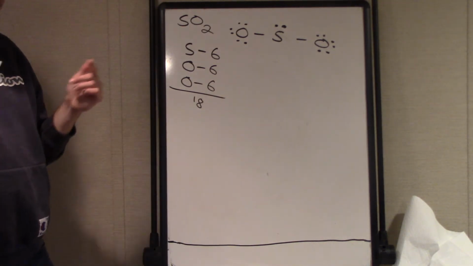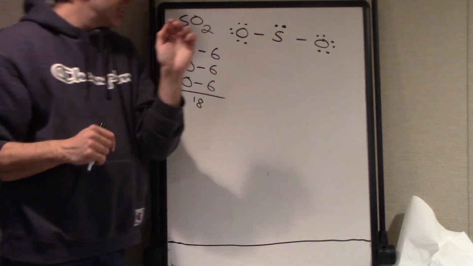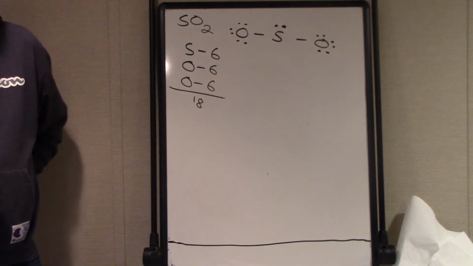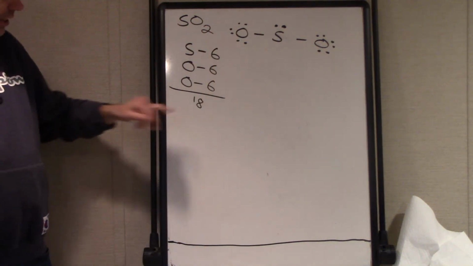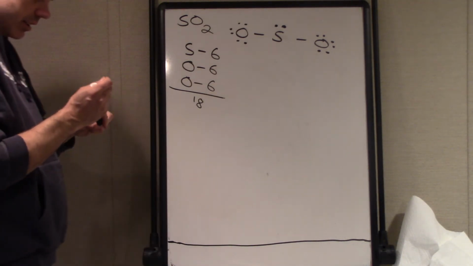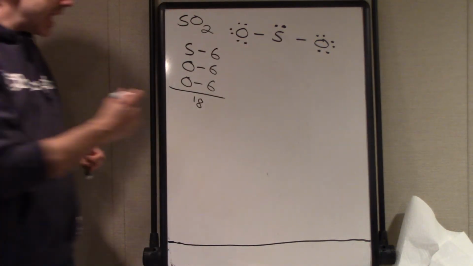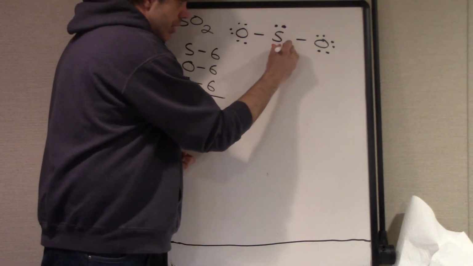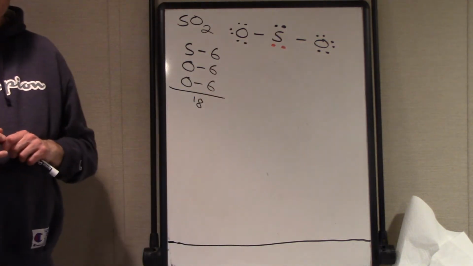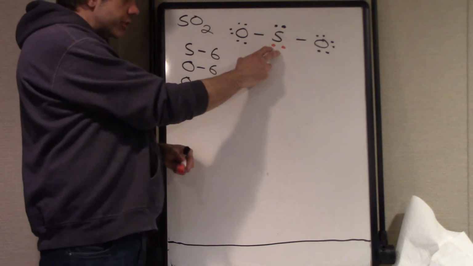That's good. But when we look at the sulfur, 2, 4, 6, I don't have an octet around the sulfur. I have the 18 electrons, but I'm not satisfying the octet. Now what I can't do, I'm going to do this in red, you can't just throw 2 more electrons on the sulfur and say, oh, sulfur's short, let me give it some more electrons. Because if I tried to do this, what would happen?